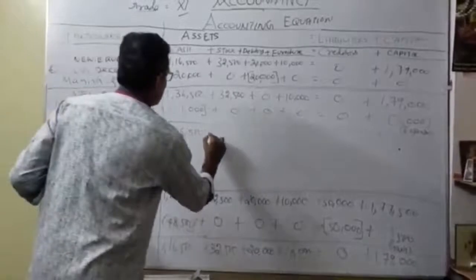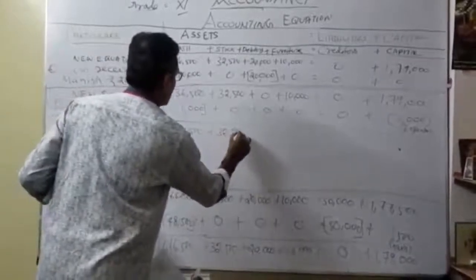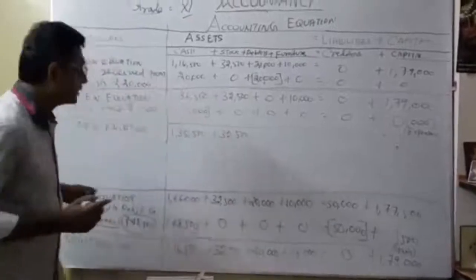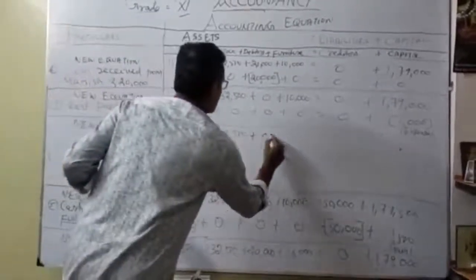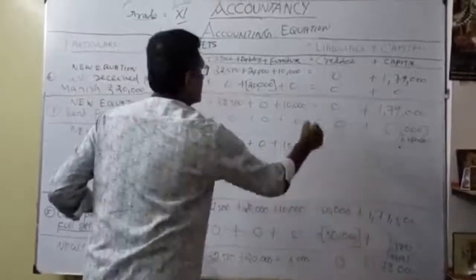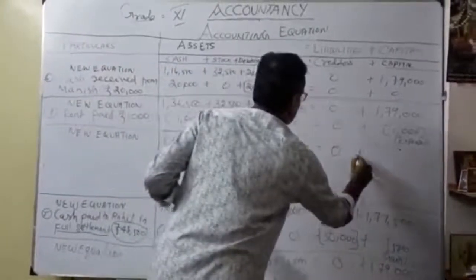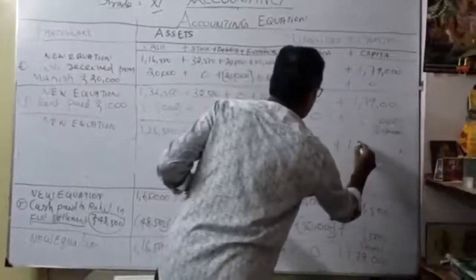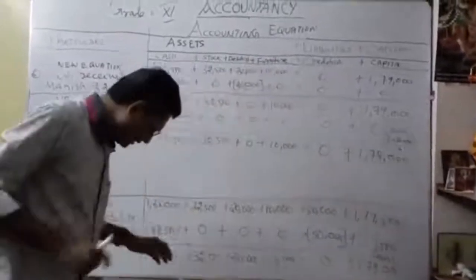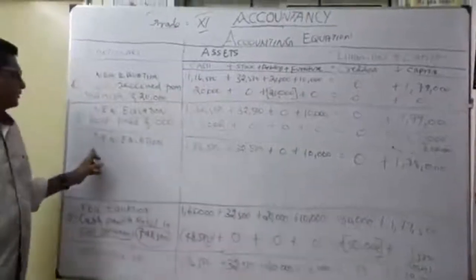My stock is still 32,500, plus my debtors 0, my furniture 10,000. Here my creditors 0. My capital becomes what? 1,78,000. You got it? 1,78,000. It's a new equation.